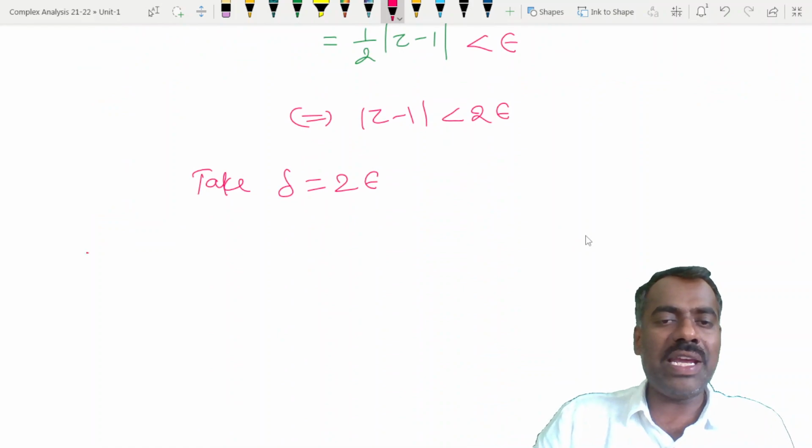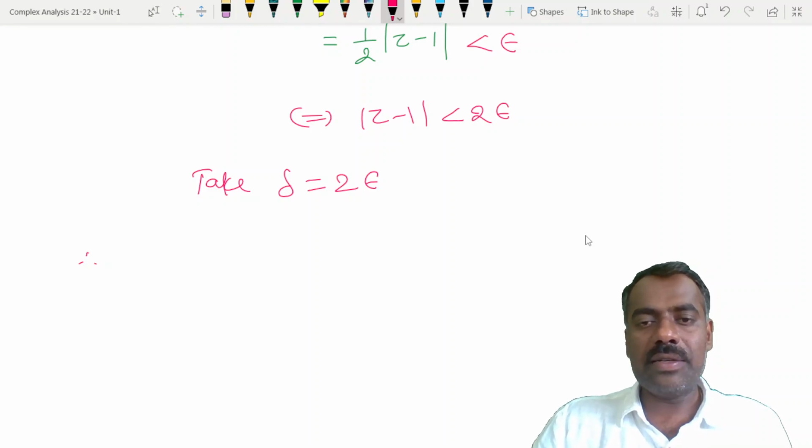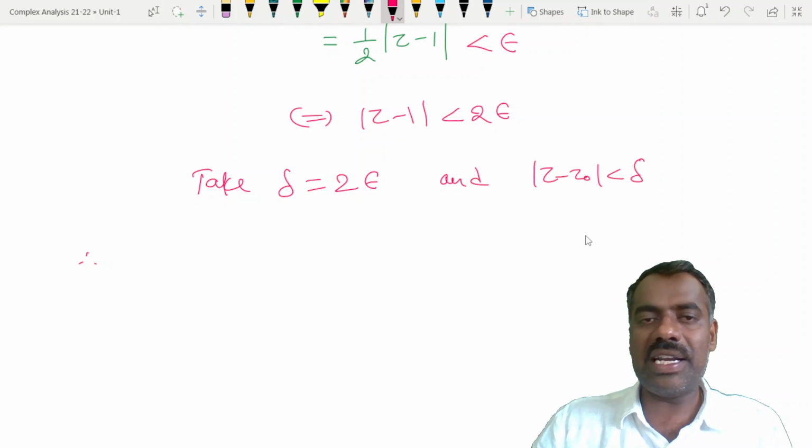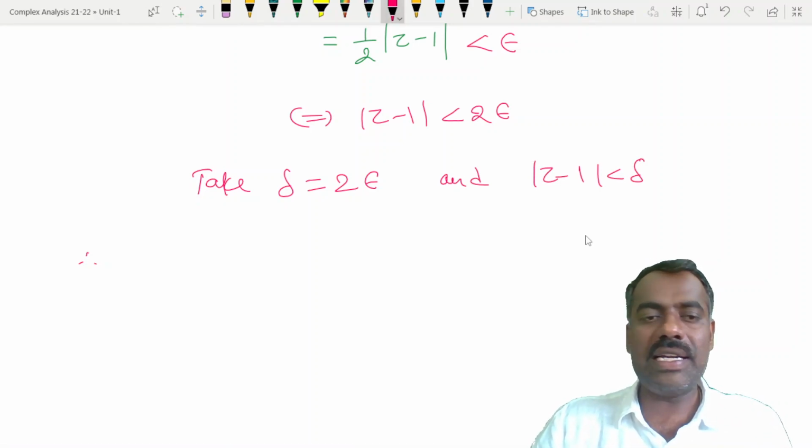So therefore, take delta equal to 2 epsilon and assume that mod z minus z naught is less than delta. Z naught is our 1 here. So mod z minus 1 is less than delta.